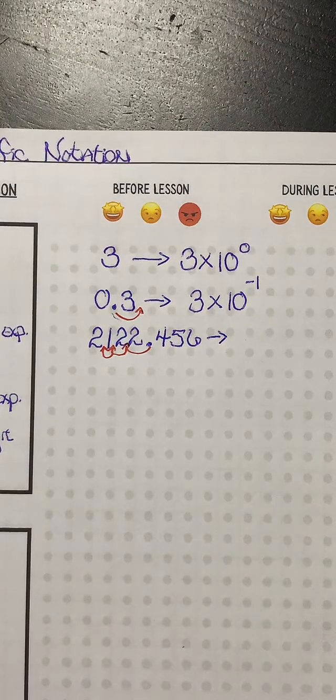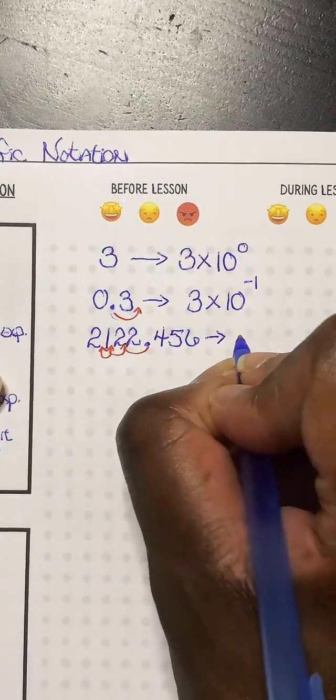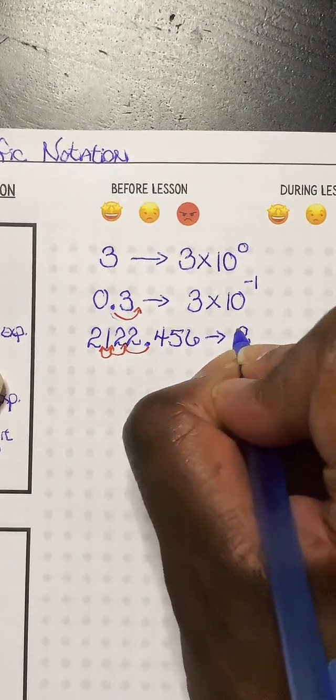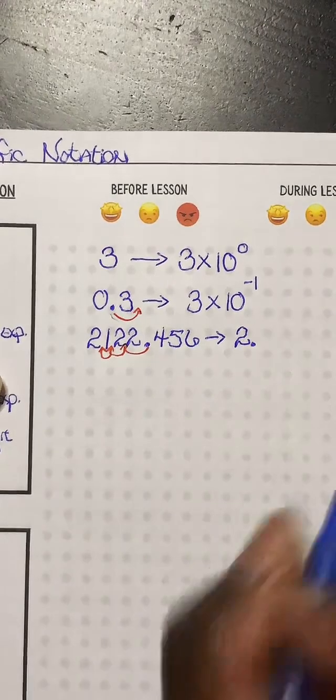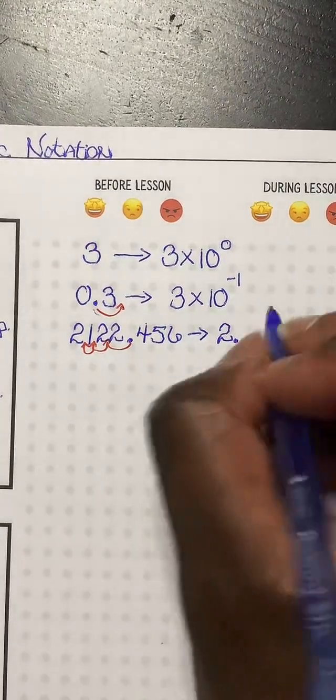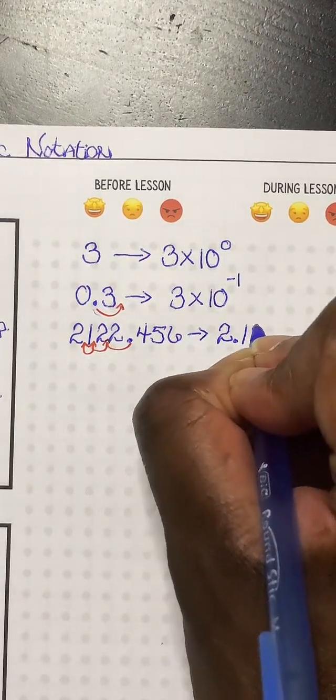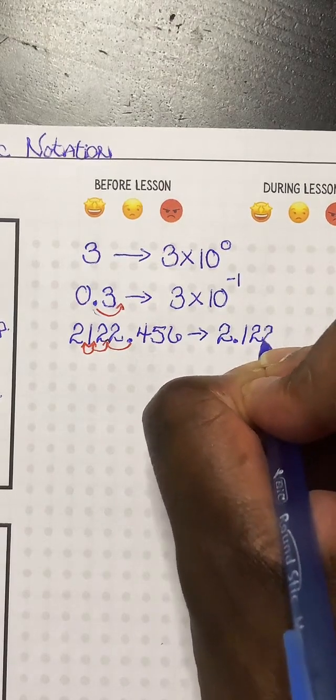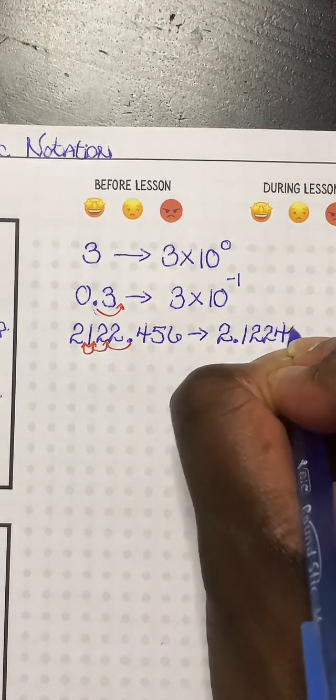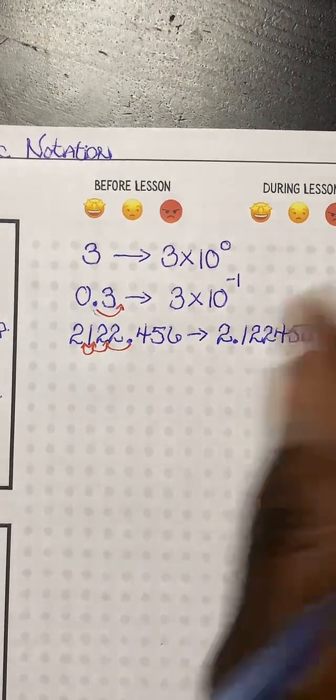When I do that, I'm going to have my 2, I'm going to put my point, and I'm going to have 1, 2, 2, 4, 5, 6.